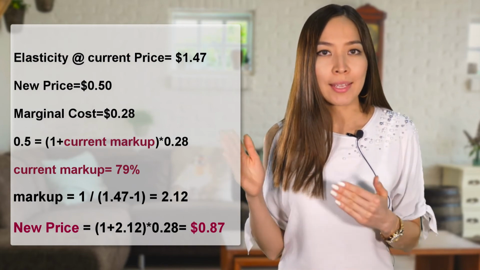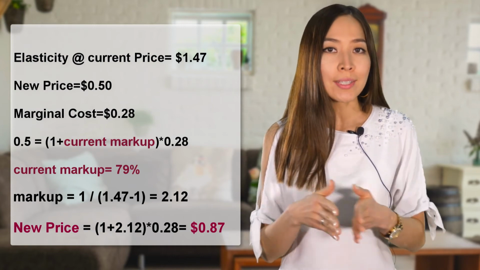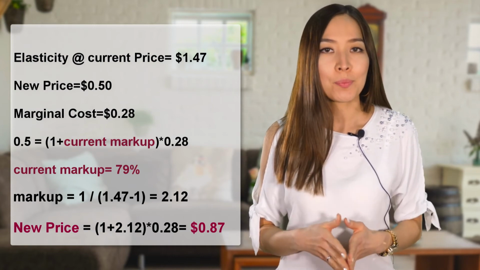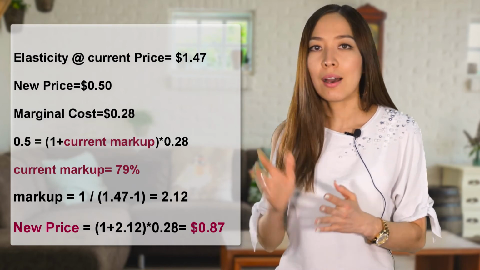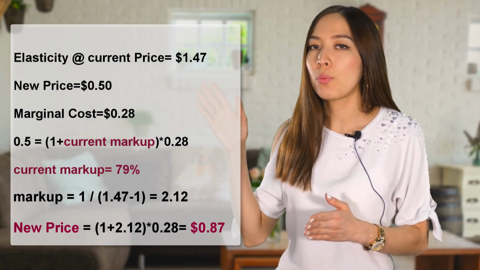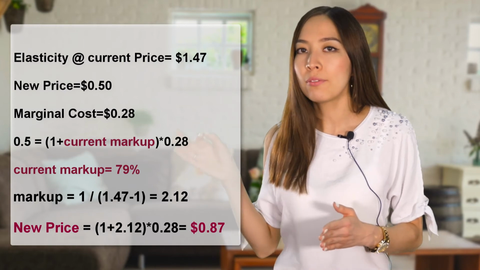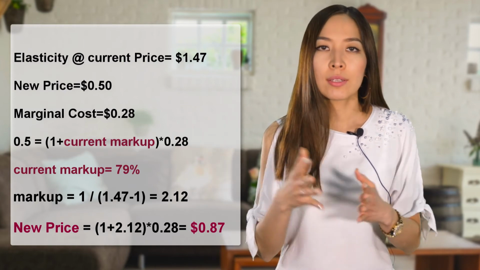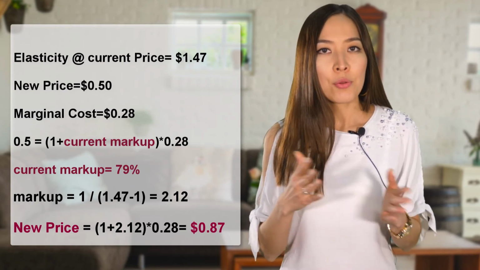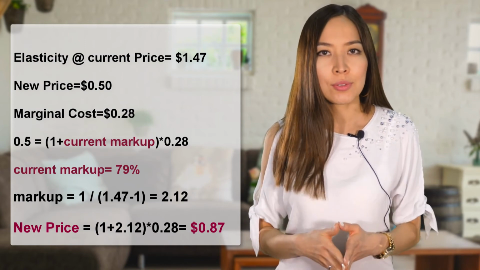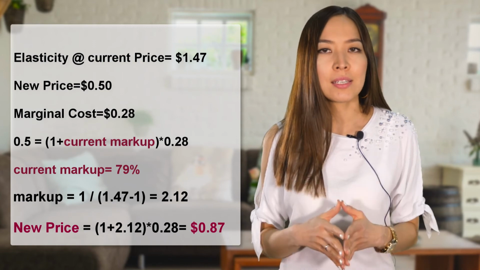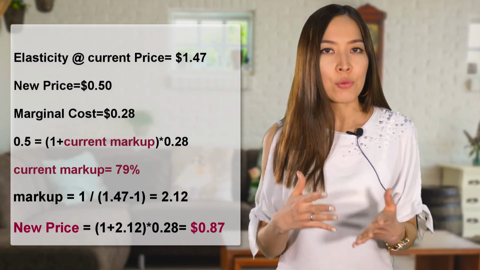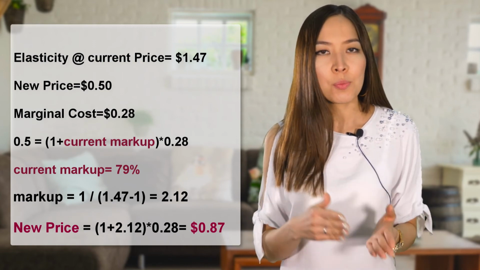Putting this number again into the first formula, we get the price with the new markup, which is 0.87, equal to 1 plus 2.12 multiplied by 0.28. As a result, they understood that they have a chance to increase price as their customers are less sensitive to price changes, and they are ready to pay more, up to $0.87 per pill.